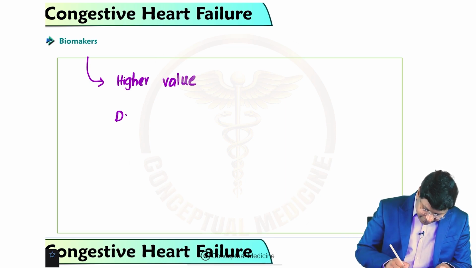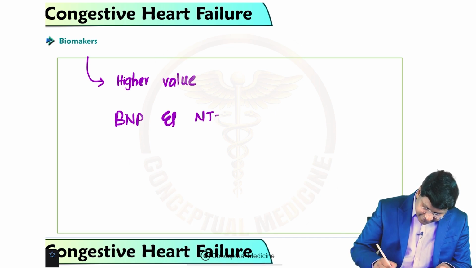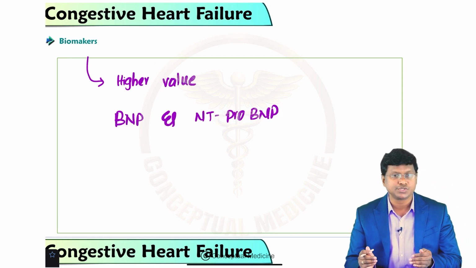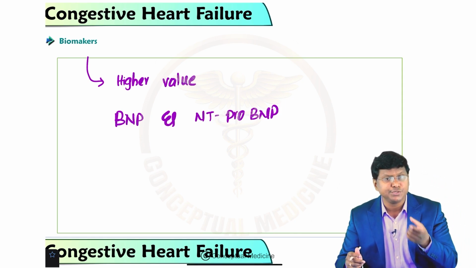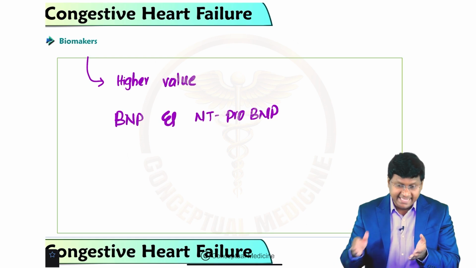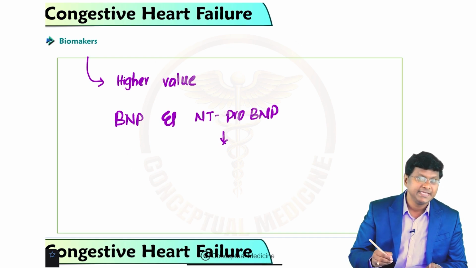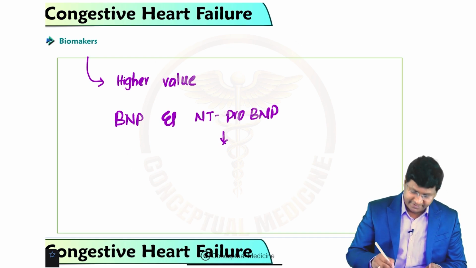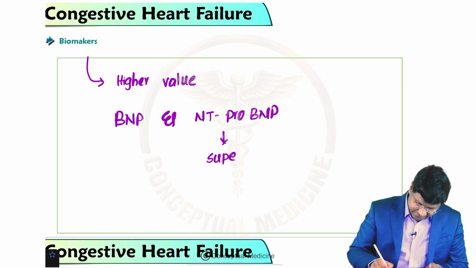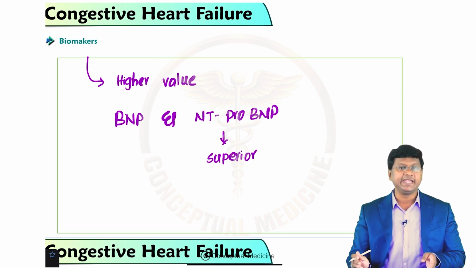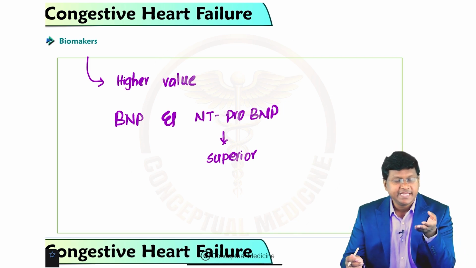And out of brain natriuretic peptide and NT-proBNP, between these two molecules, it is actually released as a prohormone that will be cleaved into BNP and NT-proBNP. This NT-proBNP is superior to BNP in predicting hospitalization and death in heart failure.